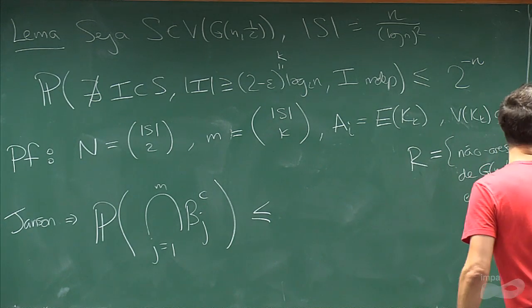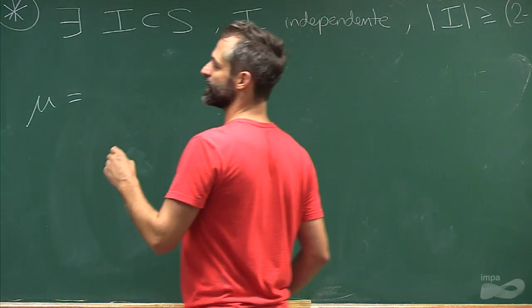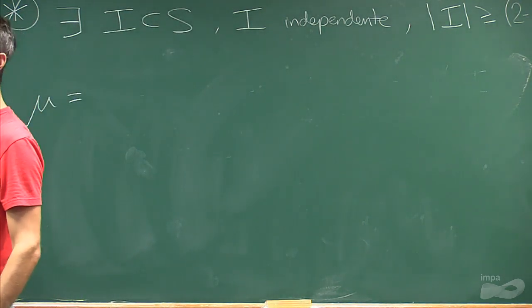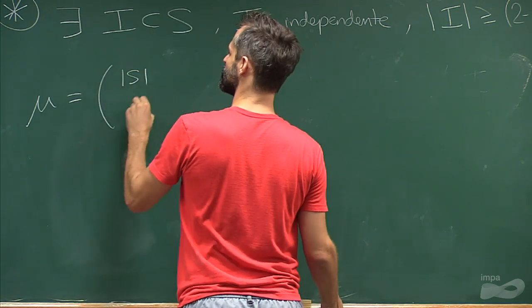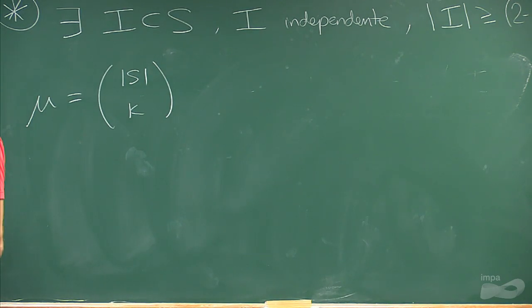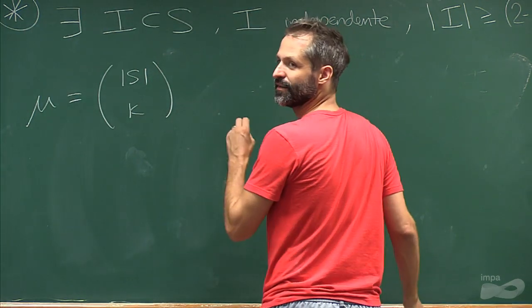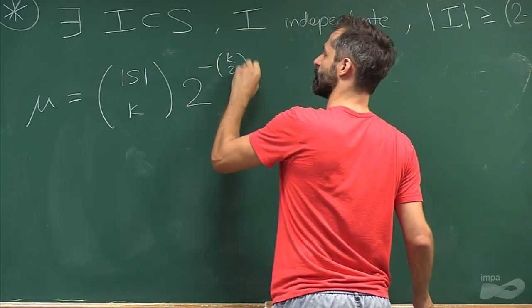And how large is this? Okay, we still have time. Calculate an expectation. So mu is what? Mu is the expected number of independent sets of this size. So it is S choose k, with m events. Each of them occurs with probability 2 to the minus k choose 2.